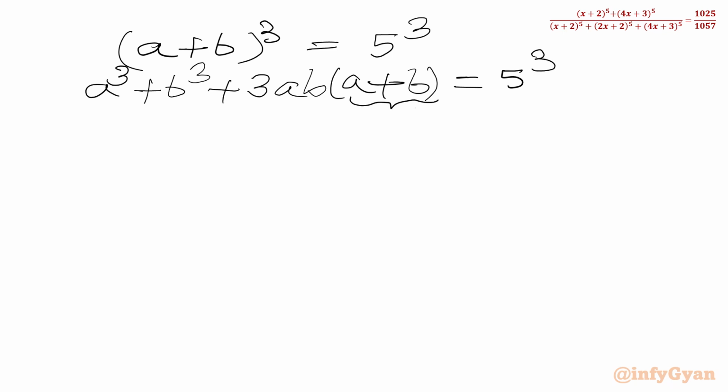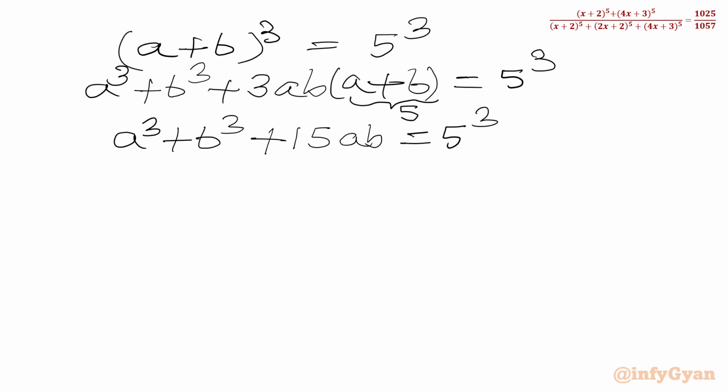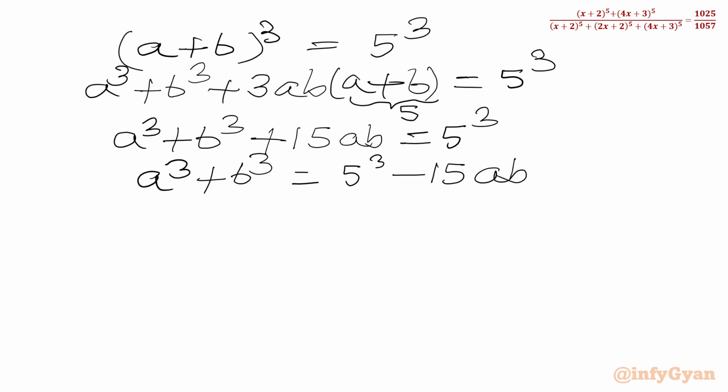Now A plus B is 5. So I can write A cube plus B cube plus 15AB equal to 5 cube. So A cube plus B cube will be equal to 5 cube minus 15AB, or I can write 5 times (25 minus 3AB).